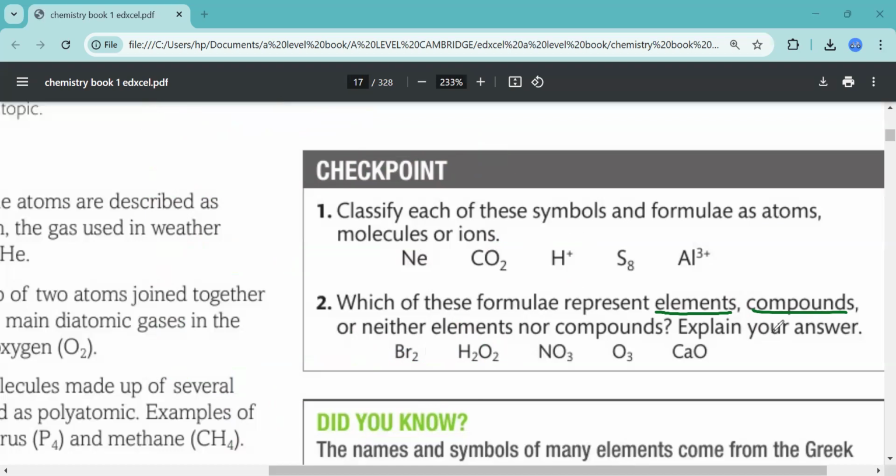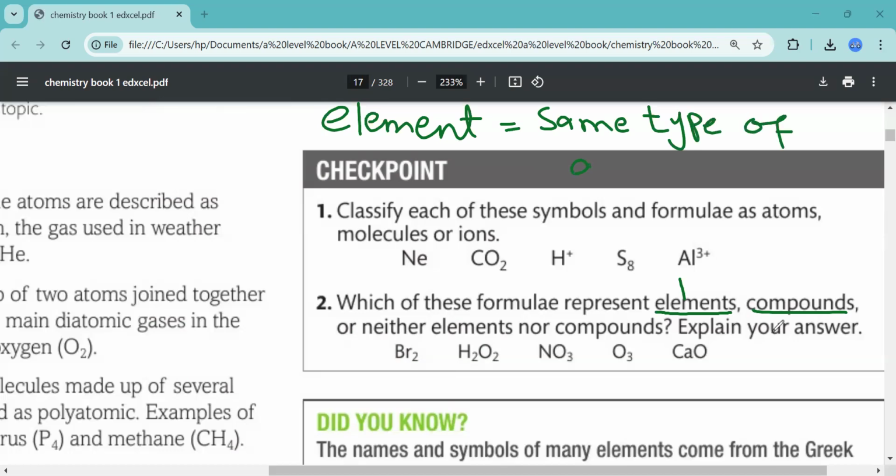Element means containing the same type of atoms. And compound means different types of atoms chemically joined together. So we just need to find out which species contain the same atom, which species contain different atoms.